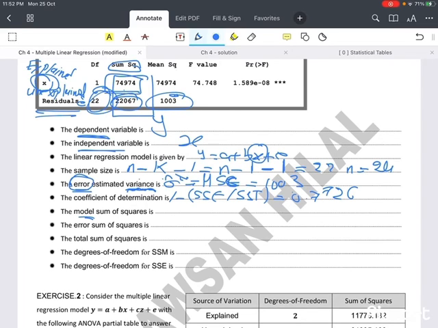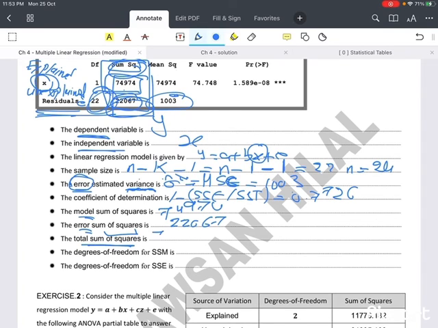So this will be the value 74974. The error sum of square is the unexplained sum of square, so it will be 22067. Then the total sum of square, we add them.